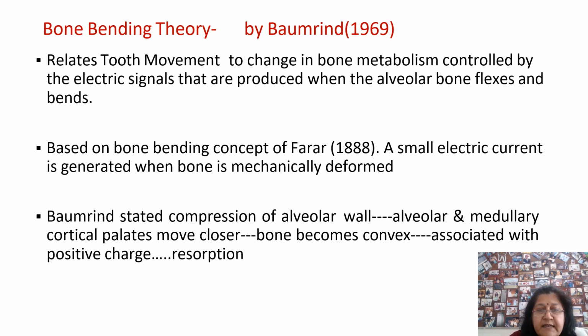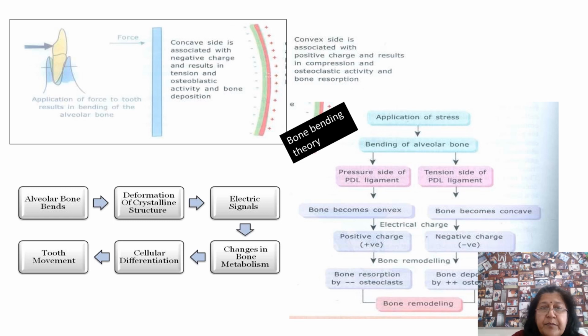So Baumrind stated that on compression, the alveolar and medullary cortical plates move closer and the bone becomes convex, which is associated with a positive charge leading to resorption.